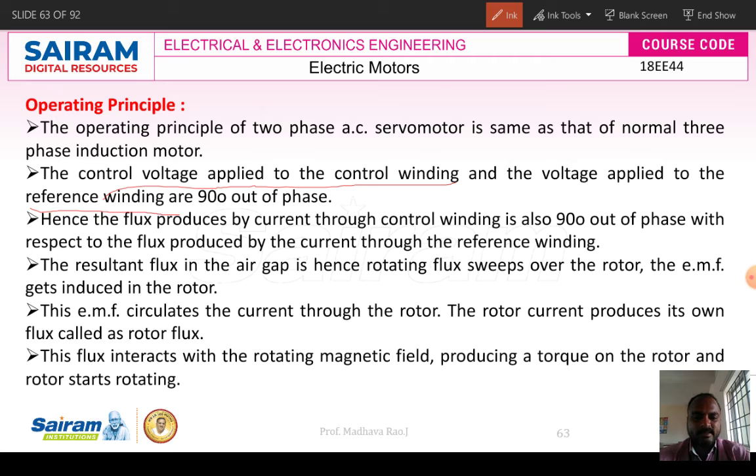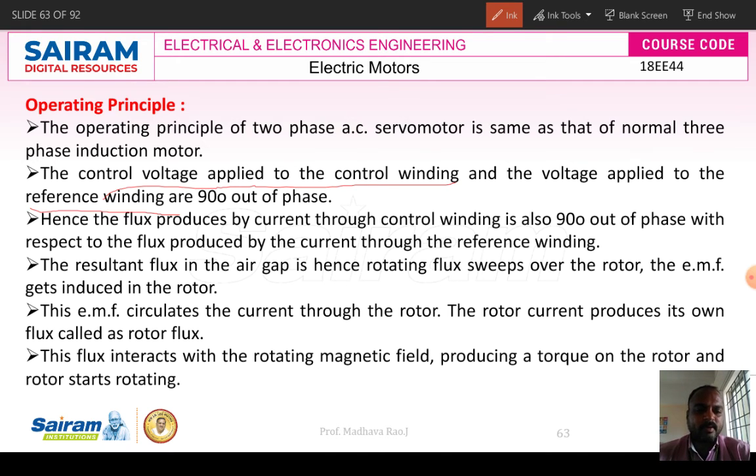The resultant flux in the air gap is hence a rotating flux that sweeps over the rotor. The EMF gets induced in the rotor. The induced EMF circulates current through the rotor.